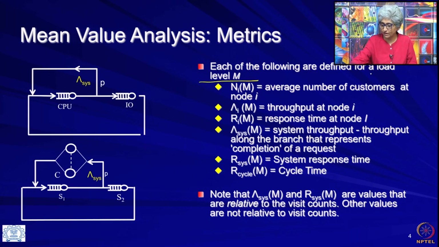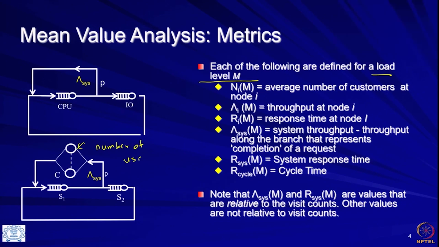When I say load level here, it is the number of users here. These are the number of users, or when there is not a clear user station, it is just the number of customers or requests circulating through this closed system.